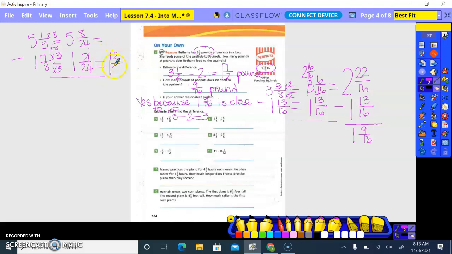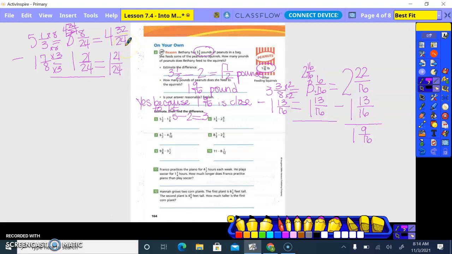So this is going to stay the same, right? Okay. What's that 5 going to become? 4 and 24/24, right? Okay. So it'd be 4, and what's 24 plus 8? 32. 32/24.